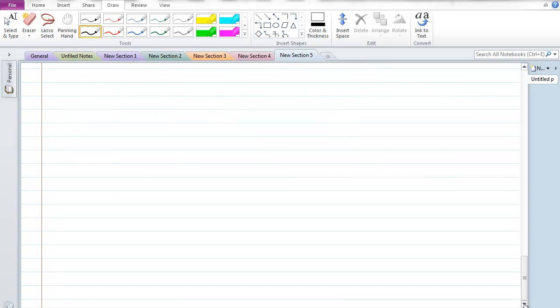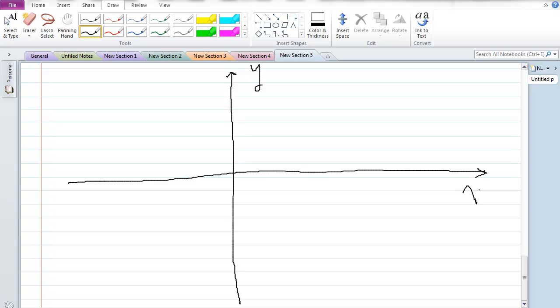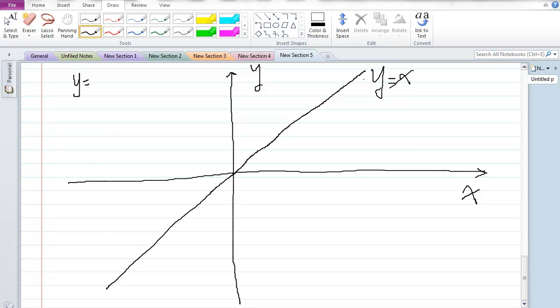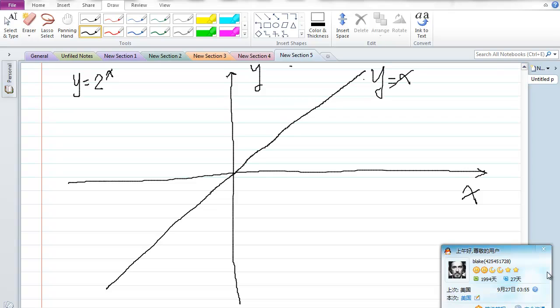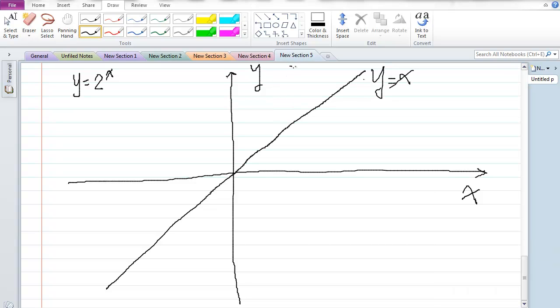So next is the graph of both functions. We will have the y-axis first, then the x-axis. Now we will draw the line y equals x first. Then comes the original function, y equals 2 to the x power, which should look like this.